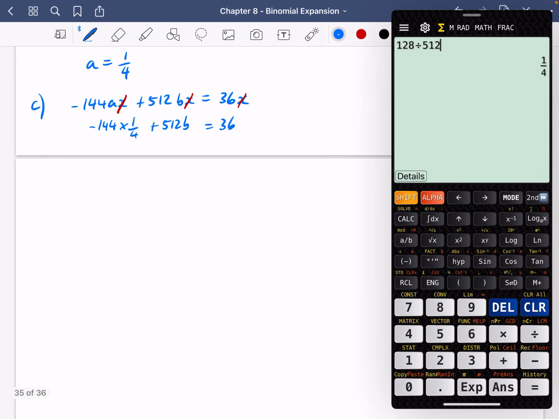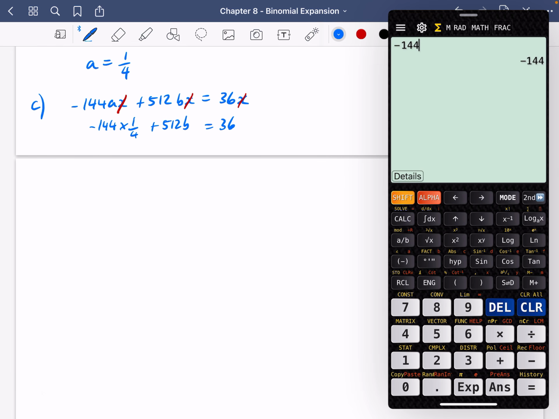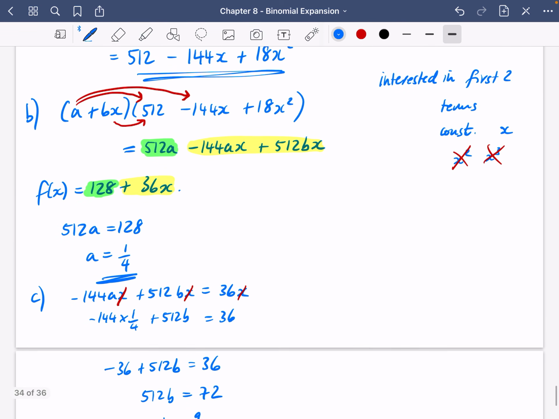And I'm just going to solve that equation. Minus 144 times a quarter is dividing by 4. I get minus 36 plus 512b equals 36. So if I add that 36 to the other side, 36 plus 36 is 72. And then I'll do 72 divided by 512. And I get that b is 9/64.